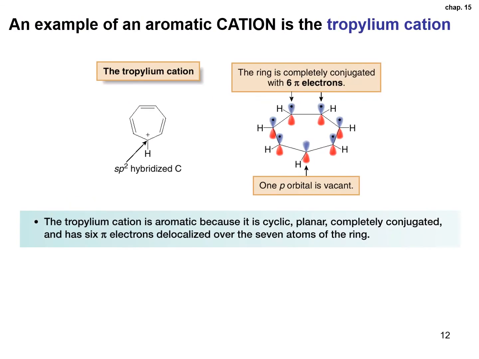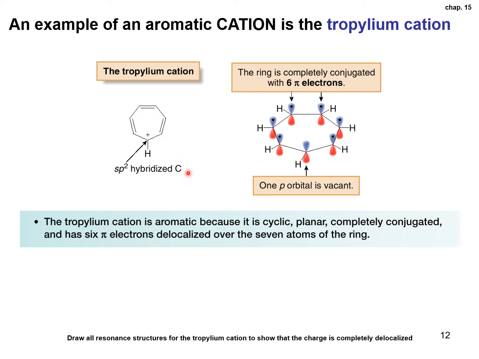A classic example of an aromatic cation is the tropylium cation. You can see that this molecule is cyclic, planar, completely conjugated, and has 4n plus 2 pi electrons. All of the carbon atoms are sp2 hybridized. Therefore, all of the p orbitals are parallel to each other, and this system is completely conjugated.